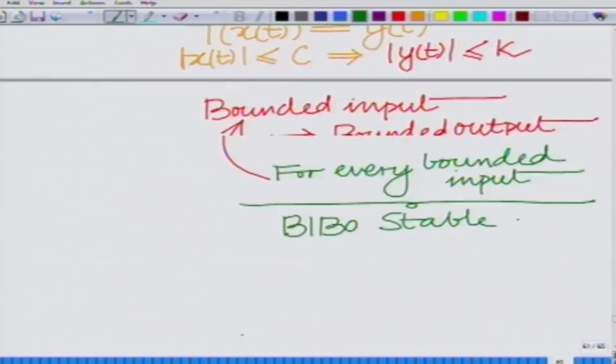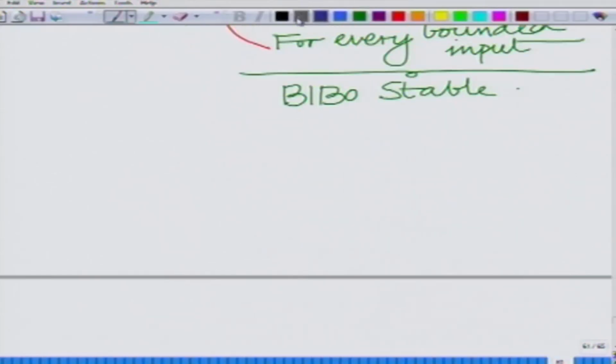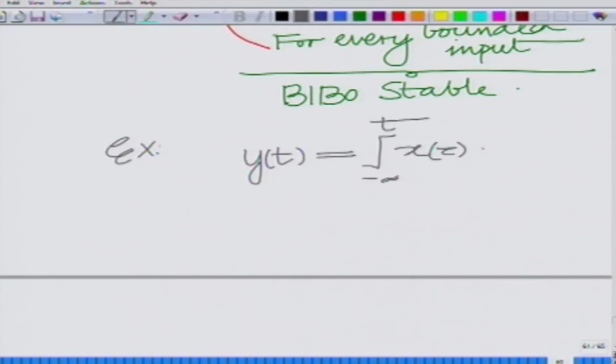For instance, again let us take another example here. Again a simple example will do. Let us again go back to our integrator. y of t equals the integral from minus infinity to t of x of tau d tau.